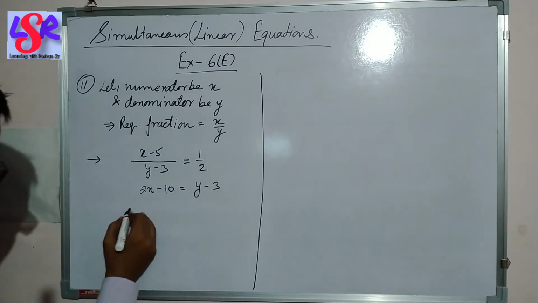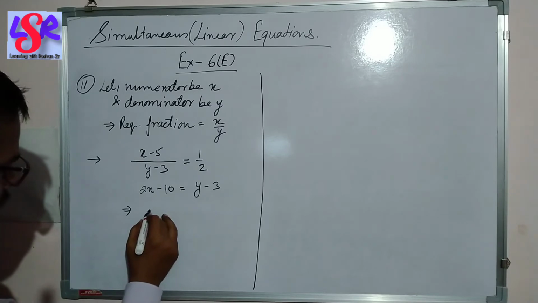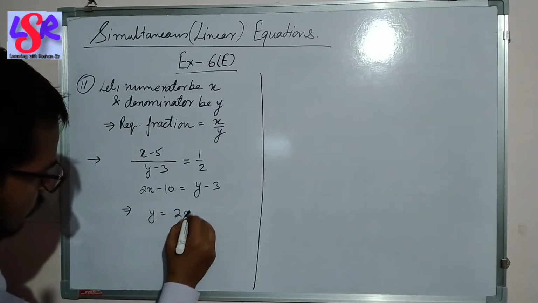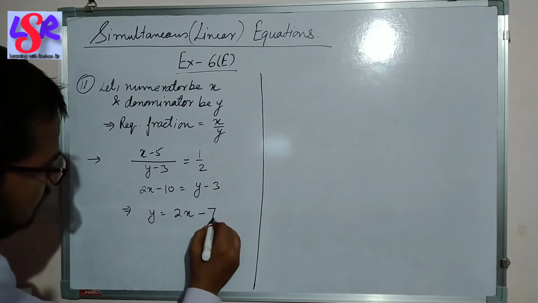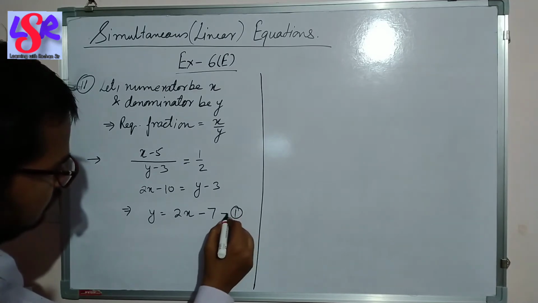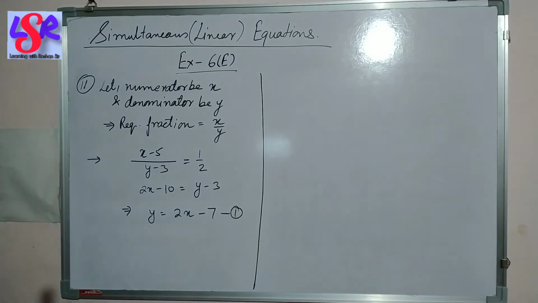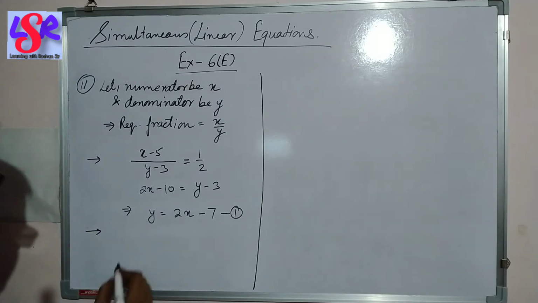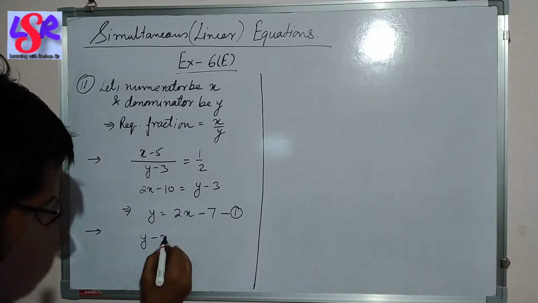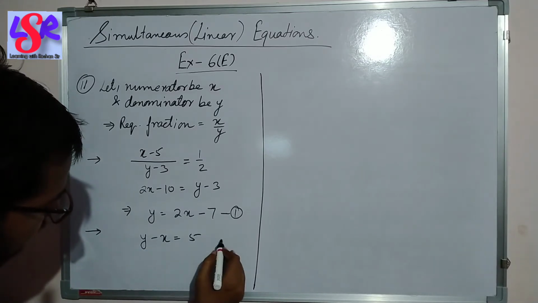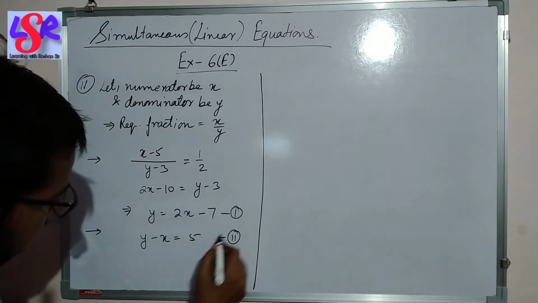And here on rearranging, we get y equals 2x minus 7. And this is your first equation. Now for the second equation, we have the denominator of this fraction is 5 more than its numerator, that is y minus x equals 5. And this is your second equation.